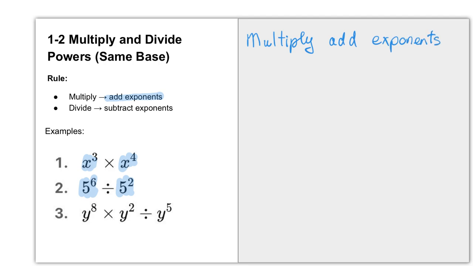And write the equation. So a raised to the m power times a raised to the n power means we're adding m plus n. That is the rule for multiplication. Let's go ahead and highlight it.